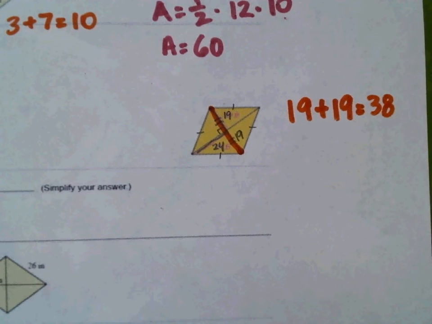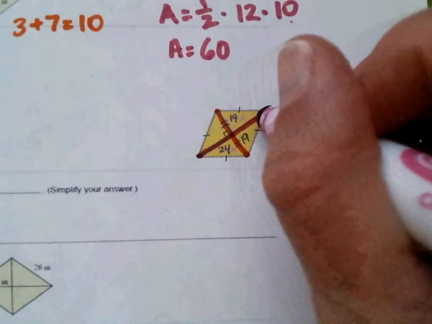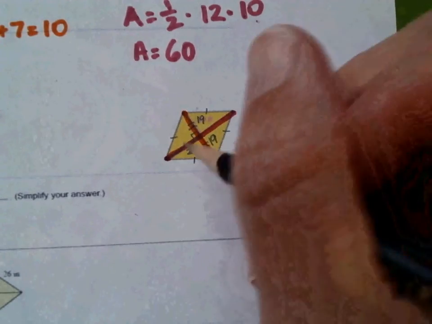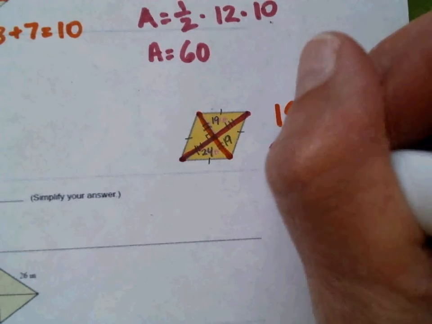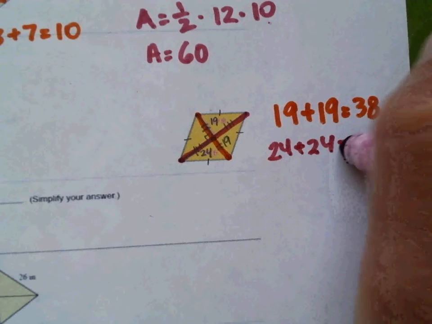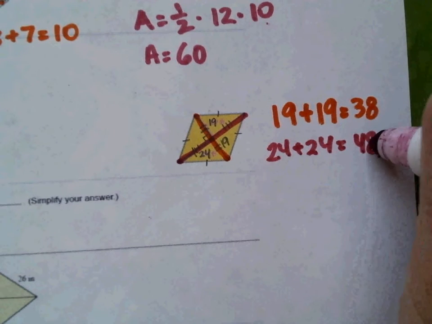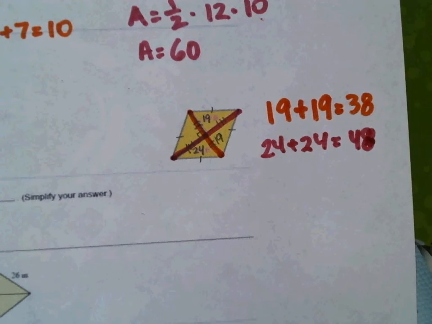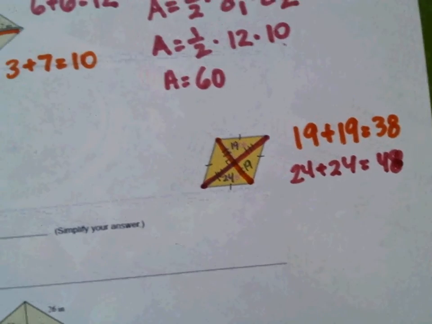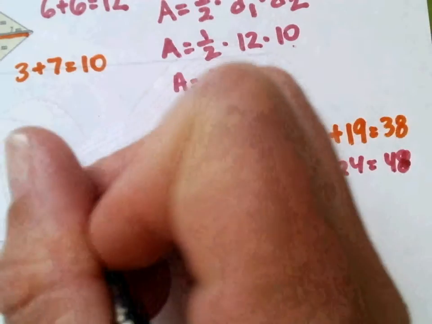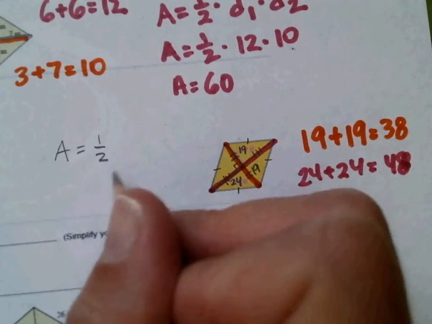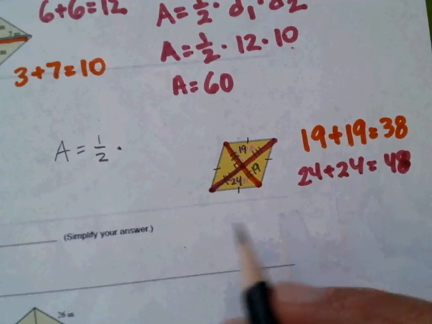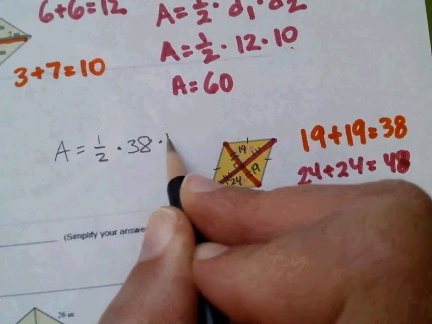Now it's in the picture. Then I also need to get the diagonal that goes from here to here. Likewise, if this is 24, then this piece is also 24. So 24 plus 24 gives us 48. Now I have both of my diagonals, so I'm going to use my formula. A equals 1/2 times diagonal 1 times diagonal 2, so 1/2 times 38 times 48.